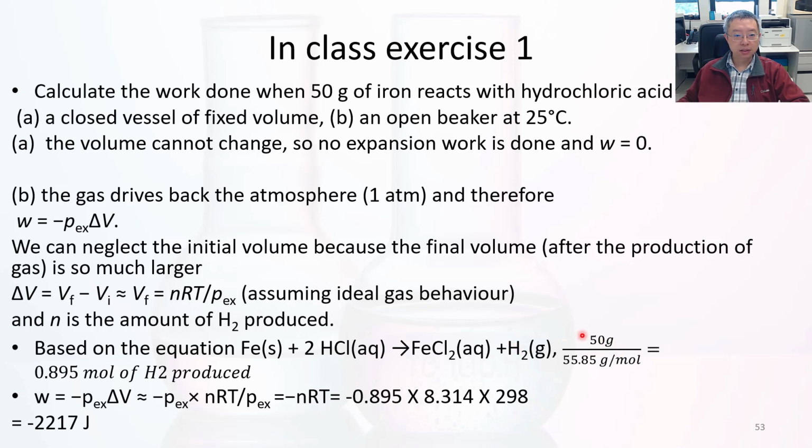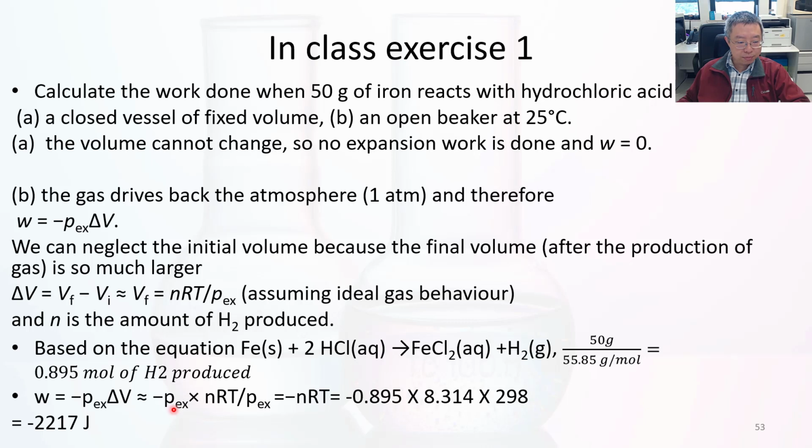So this is a calculation. 50 grams divided by the molar mass gives this many moles of iron, and this many moles of iron would generate this many moles of hydrogen.